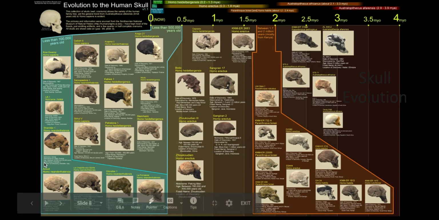Humans, not the Neanderthals. We are somewhere in here. Find Homo sapiens. There we go. All of our other ancestors and relatives, though, you can see very similar skulls and how we've evolved from smaller brains and smaller skulls into our big brains and big skulls that we have now.